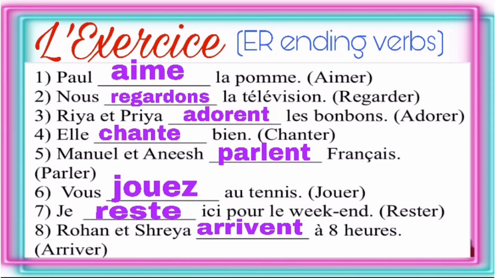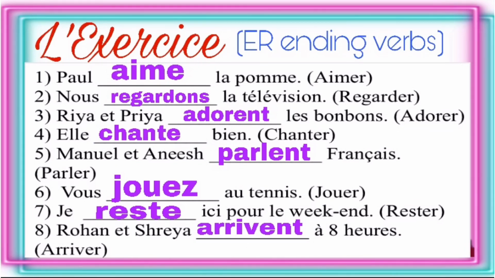So we will put simply e, aime. Now come to the second question. Nous dash la télévision, and the verb which is given in the bracket is regarder. So what we will do? We will cut er from regarder and we will add ons to the radical. So it will become regardons.